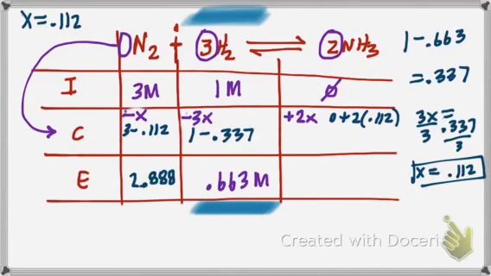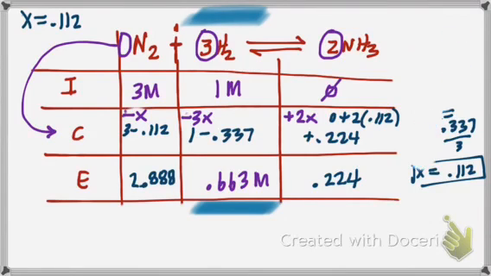So let's go ahead and do that. And when I do that, it's going to be a plus 0.224. 0 plus 0.224 is going to be 0.224. So that's going to give me my equilibrium numbers. My ICE chart at this point is finished.